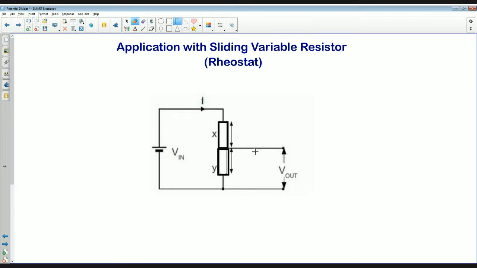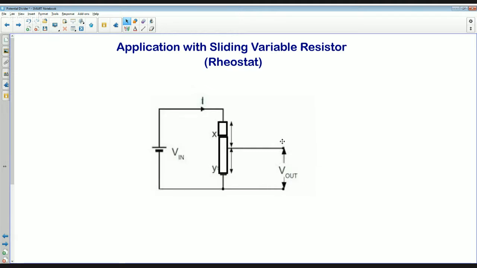Now we can slide this one up or down. So if you do slide up, then you get X to be shorter, and Y would be longer. So if that's the case, you're increasing resistance on Y and you're decreasing resistance on X.